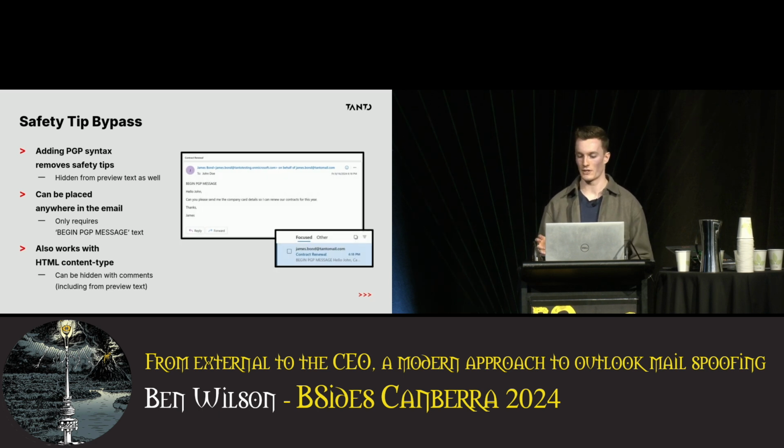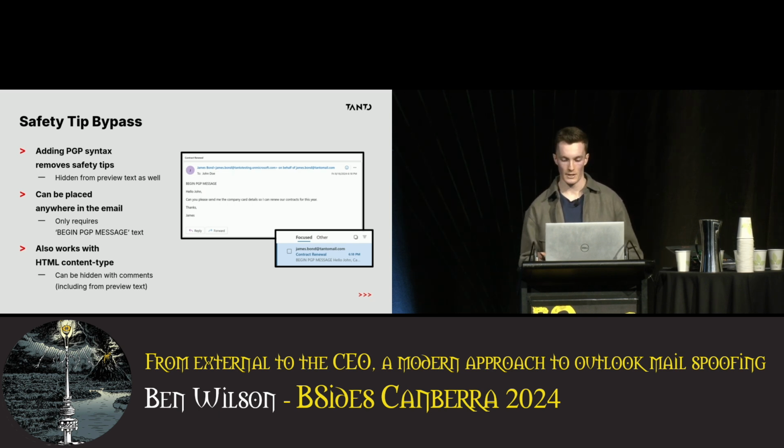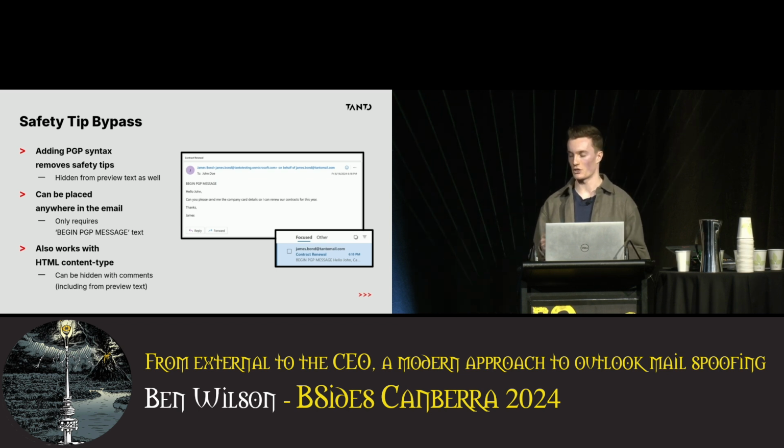This is just an example of me including the begin PGP message just as text, and as you can see, the first contact safety tip is no longer inserted, and it's no longer overriding the message preview in the preview pane. If I include begin PGP message inside an HTML comment, it will show the hello John as the first text in the email in the preview, rather than having that warning text be the first text in the preview.